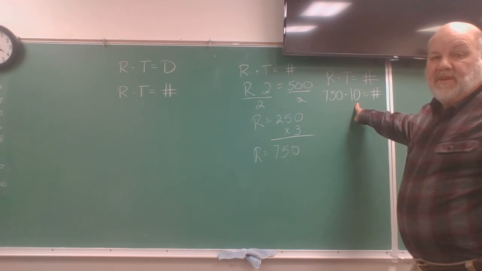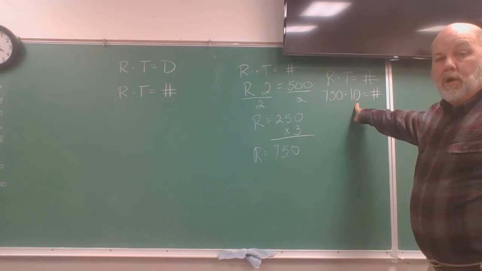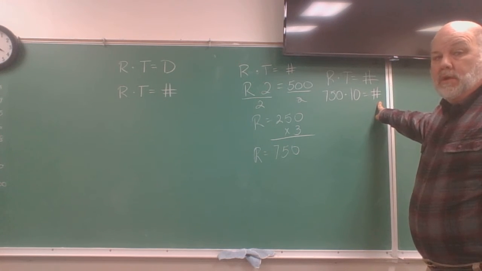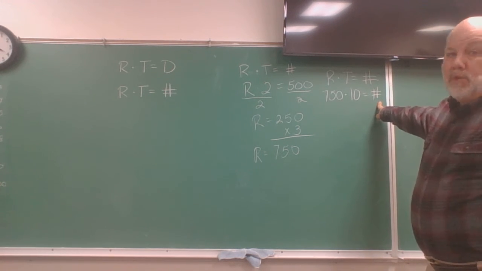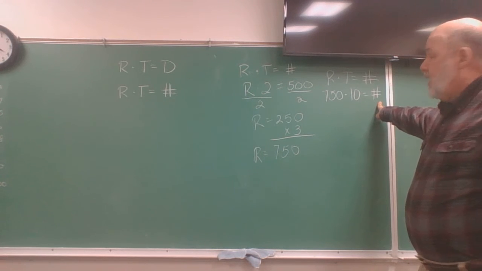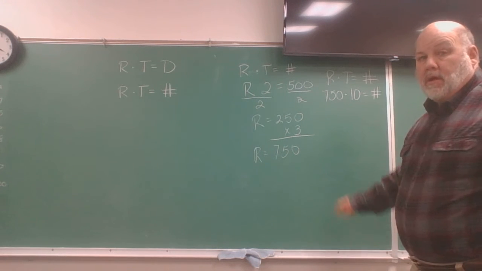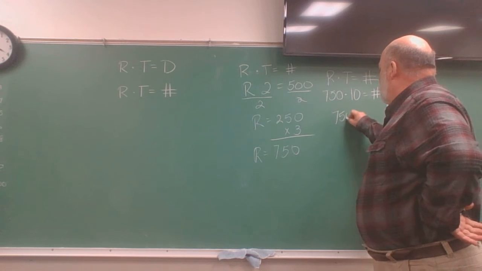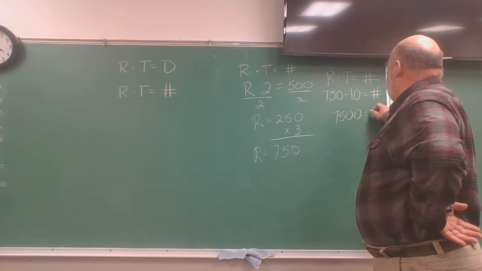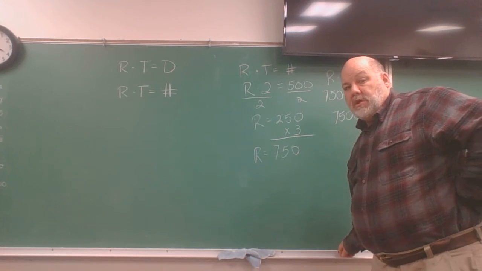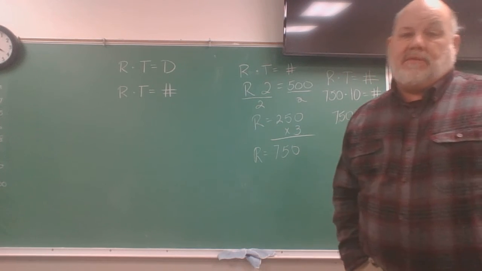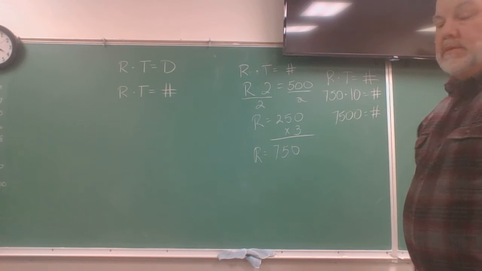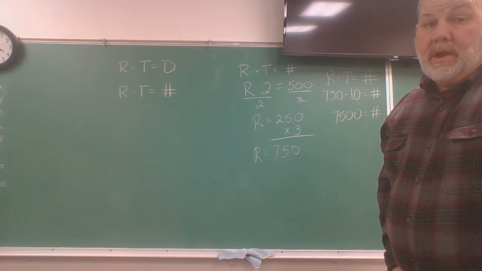The 750 and the 10 are already together, and we're looking for number. Number is all by itself. We do not have to move any numbers. All I have to do is crunch the numbers that are already there, and 750 times 10 gives me 7,500. That tells me this machine can do 7,500 bottles in 10 hours at its new rate.